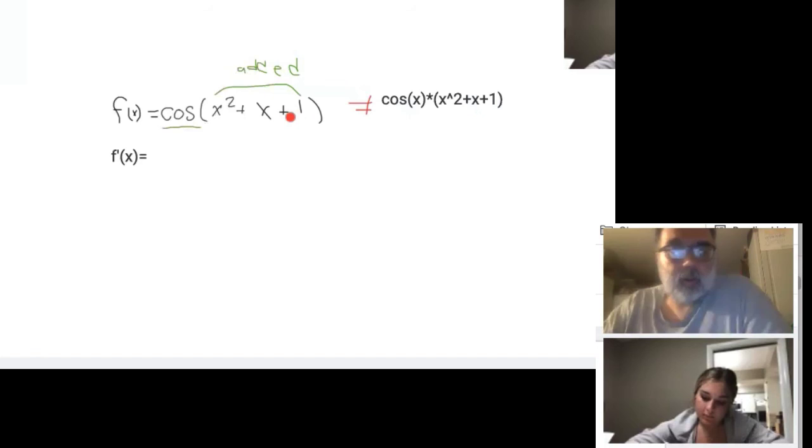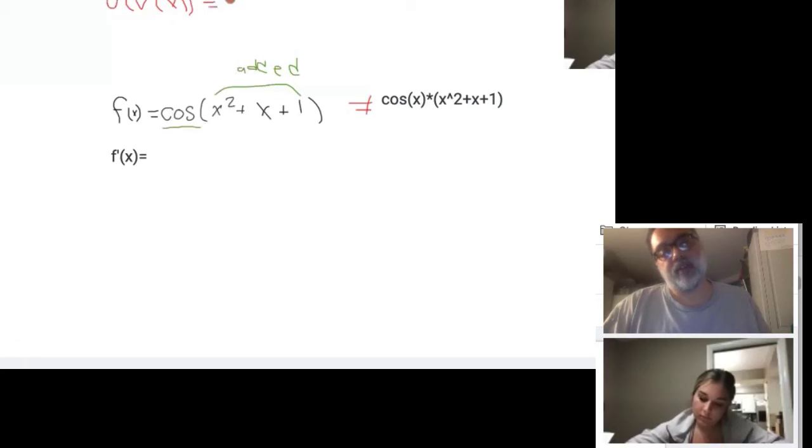Okay. So then the chain rule, they would all be added together. So the chain rule is like this. If we have one function of another function, we take the derivative of the outside function, which in this case, kind of what's the function that we're putting another function into?